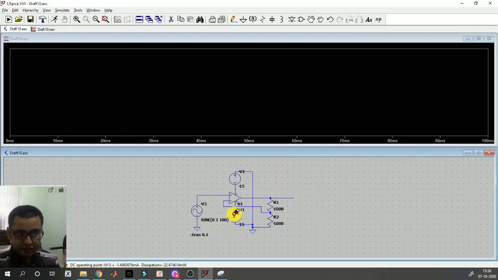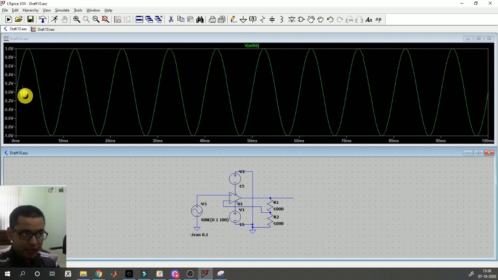It is in fact running now, and you can see that the cursor has turned into a red voltage probe, with which I can measure voltage. Now if I put this probe here at the positive terminal of my signal generator, that is the input of my amplifier, then you can see that this is how the voltage is changing with time.